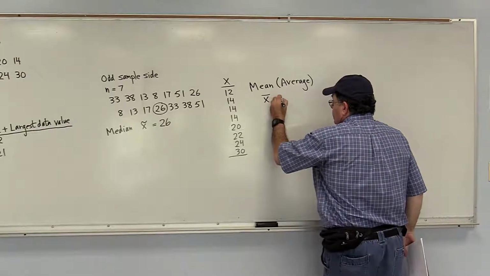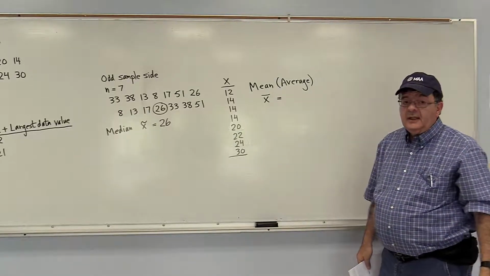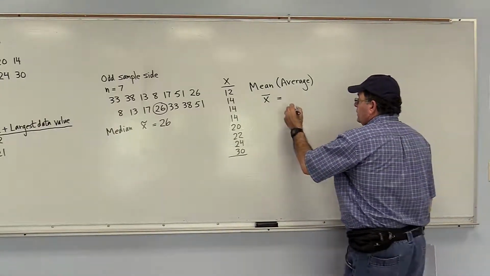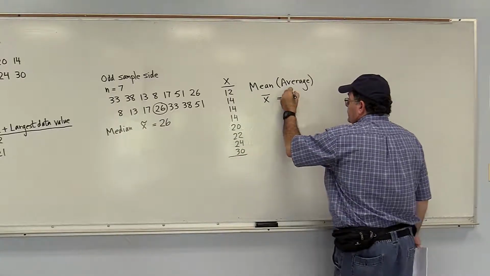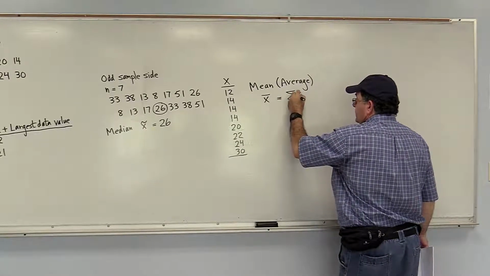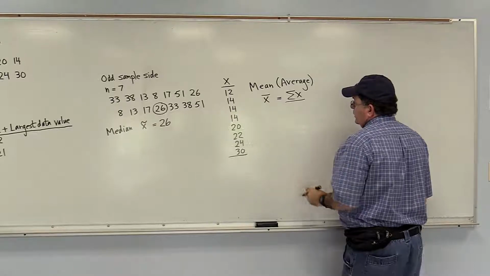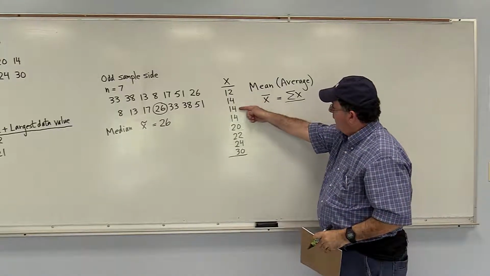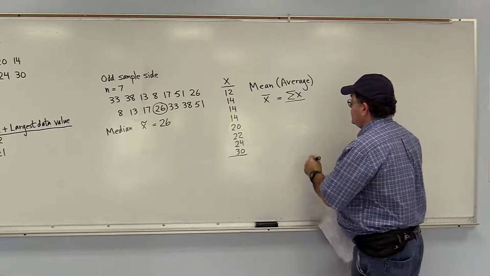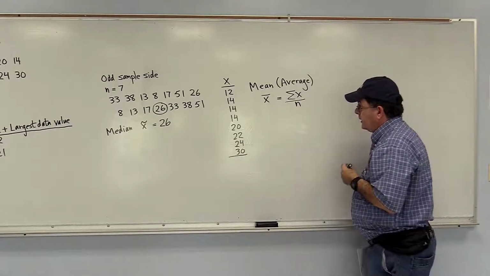And it's calculated just as you would calculate any average. You add up the items that you have, that's the summation of the X values, and then you divide by the number of items in the list. Well, that's our sample size n.